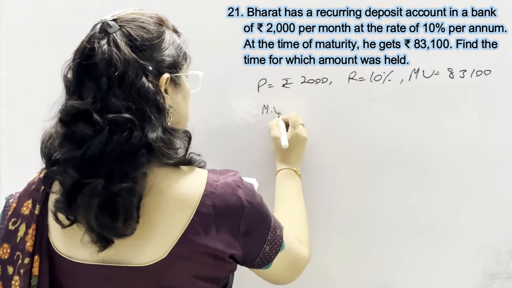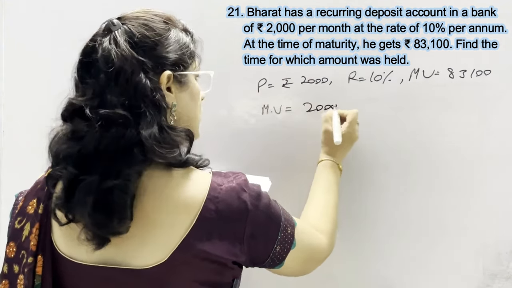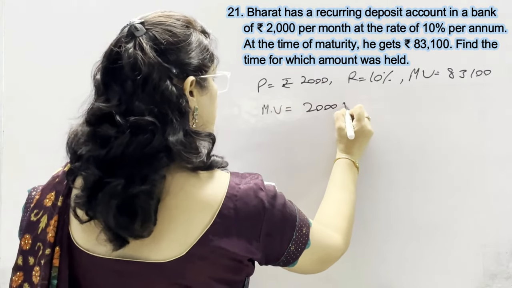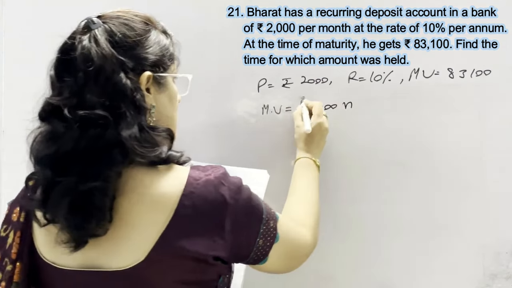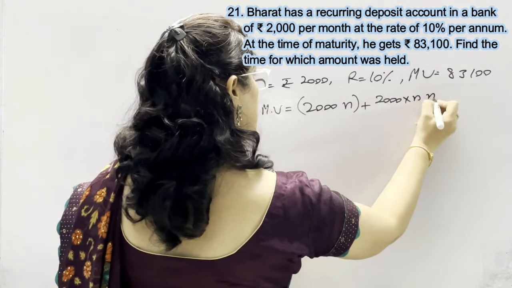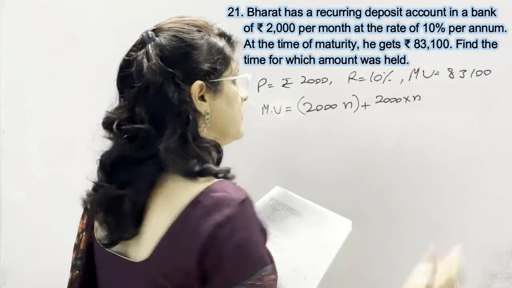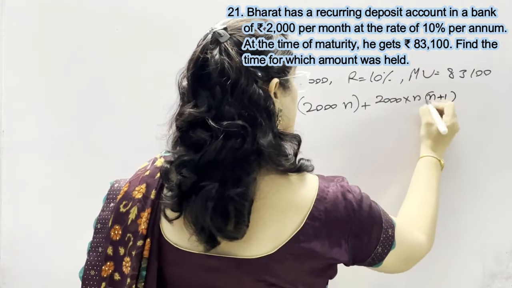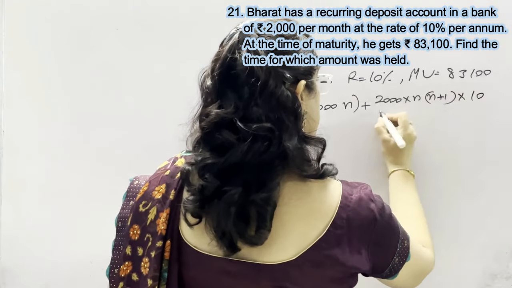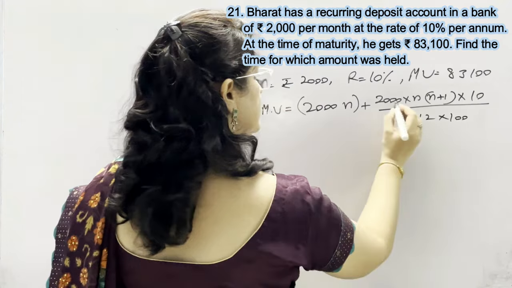So the maturity value is equal to P into N. We know the value of P, 2000, but we don't know N. So we will write it as 2000 N plus P into N into N plus 1 into the rate, 10 upon 2 into 12 into 100.